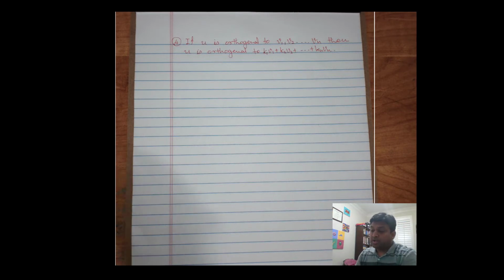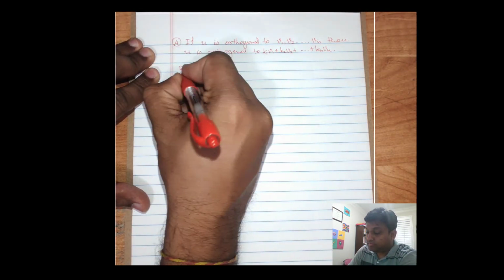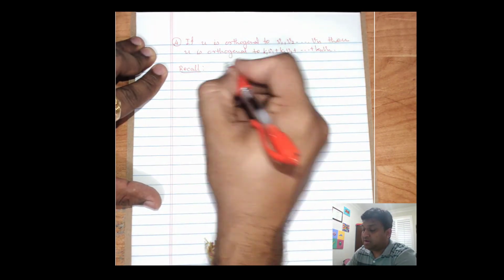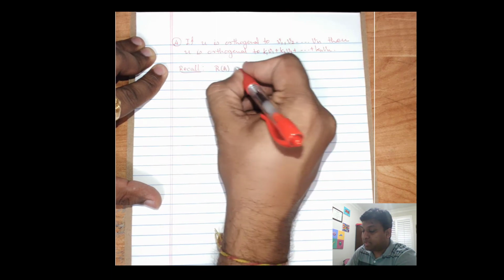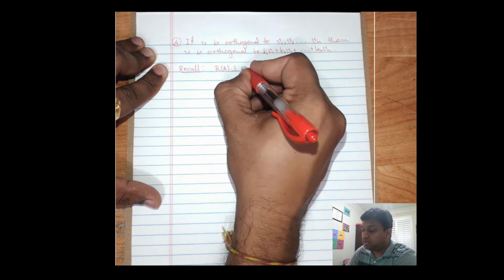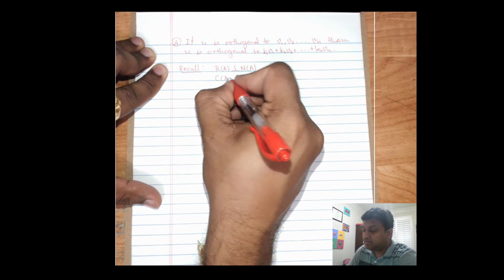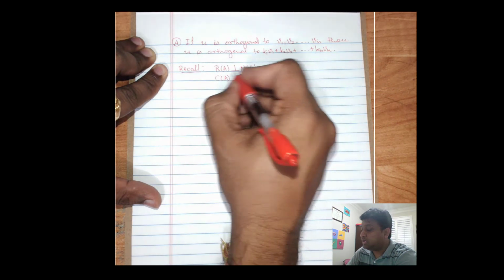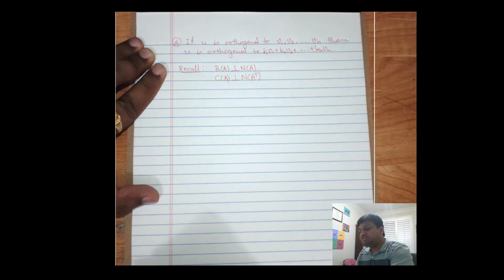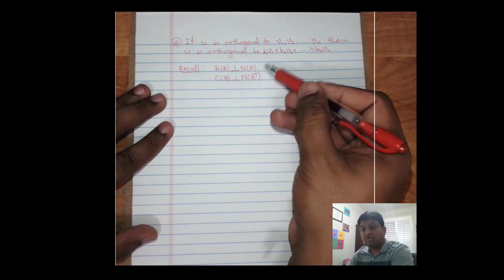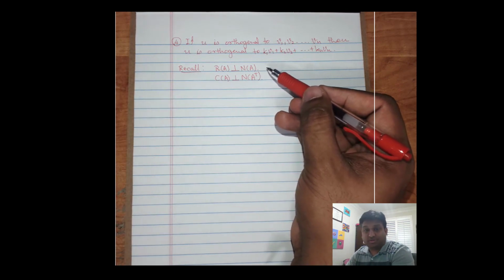Alright, so remember that we know that the row space of A was orthogonal to the null space of A, and the column space of A was orthogonal to the left null space of A. This is something that we know already from the last lecture's observation, right?